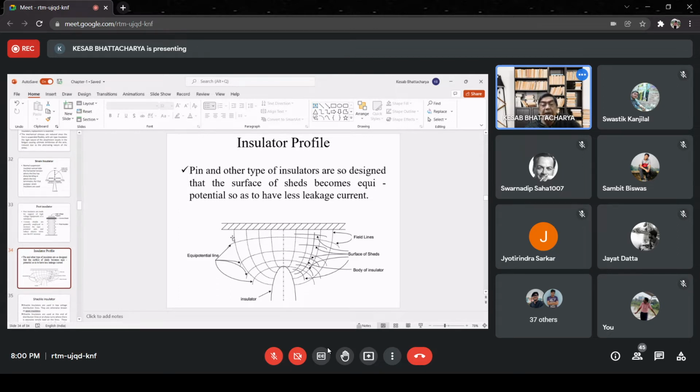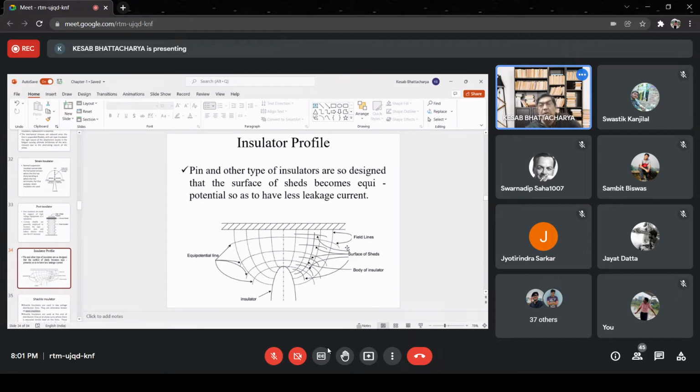Therefore, the field lines will be distributed like this, starting from the live conductor and terminating at the ground potential. We know equipotential lines and field lines are at right angles. Therefore, the insulators are designed so that the rain shades always lie along the equipotential lines, parallel to them.